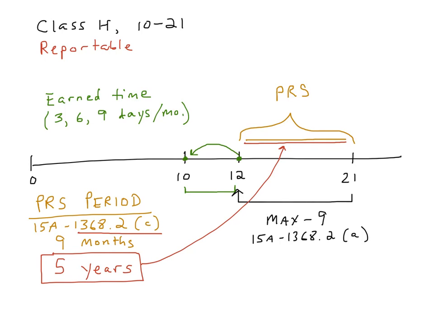You contrast that with the non-reportable offense where the person is on post-release supervision for 9 months with the 9 months hanging over their head. And in either case, the release onto post-release supervision is going to happen between 10 and 12 months, depending on how much earned time the defendant's able to accrue.